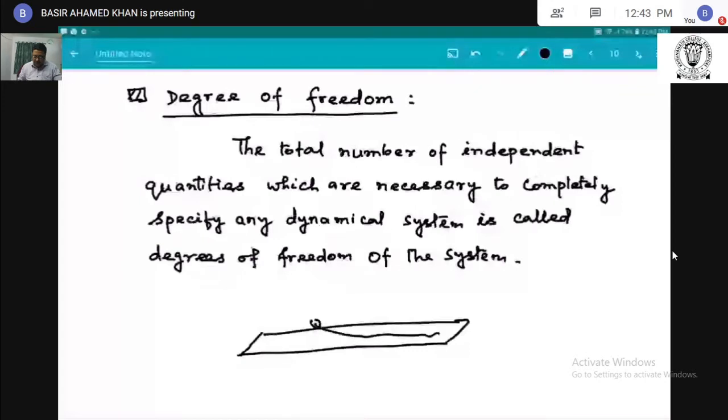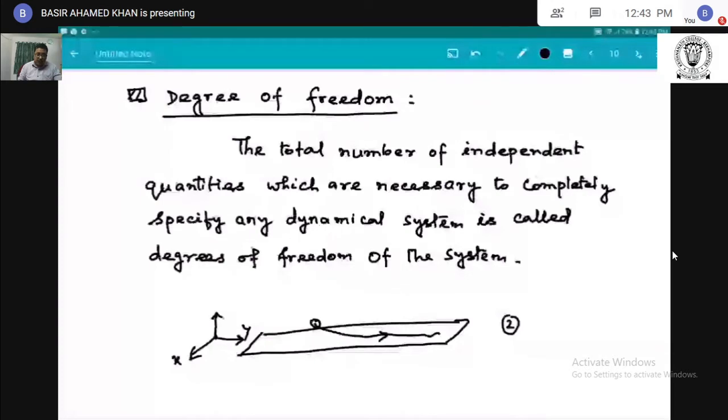So we can say that the degrees of freedom of this dynamical system is 2, because one is the x direction and the other is the y direction.